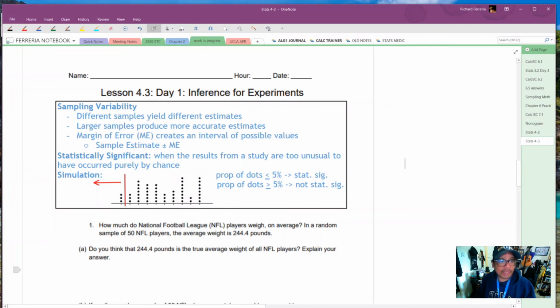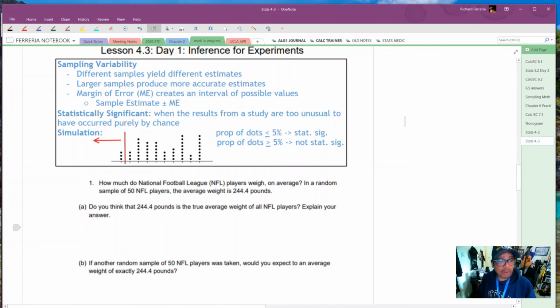Statistically significant means that the results from the study are too unusual to have occurred purely by chance. We just did a simulation where we randomized the results, and we counted what proportion of our dot plot was greater. In our case we did greater, but you could definitely do less than.